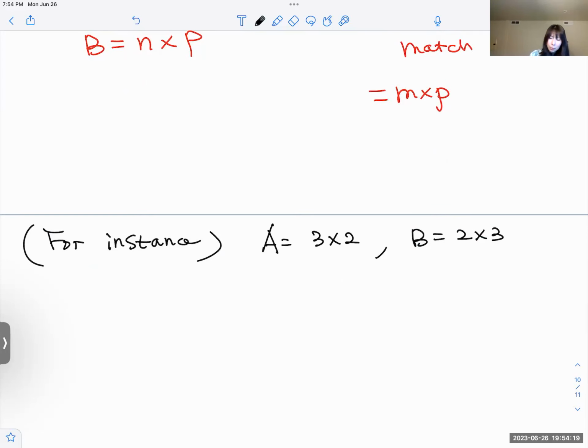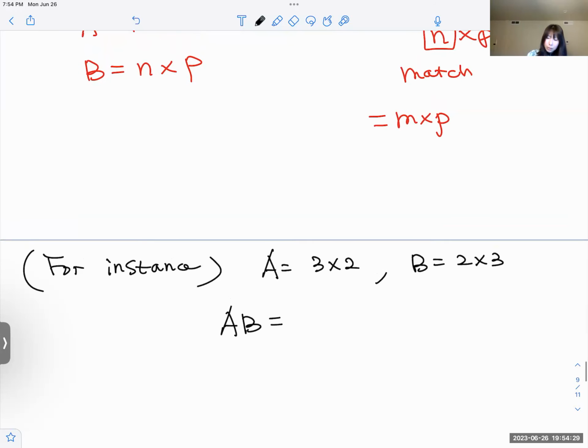Then we multiply, what kind of size do we get? This is a match, right? So we will get 3 by 3.